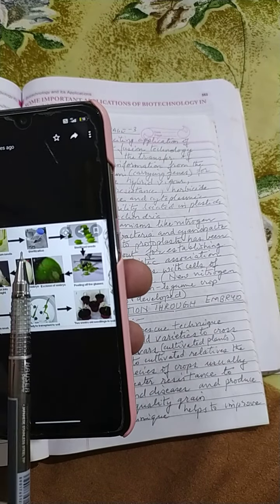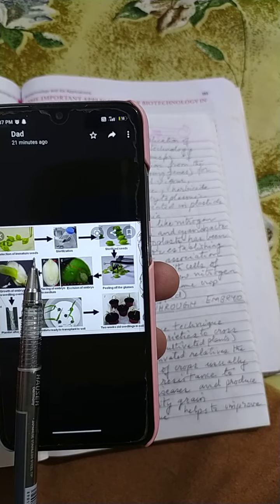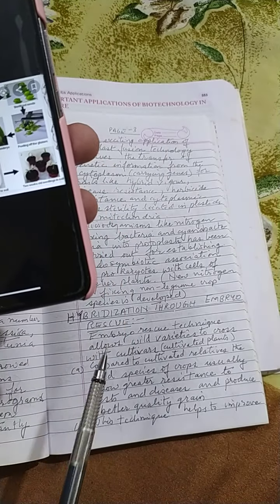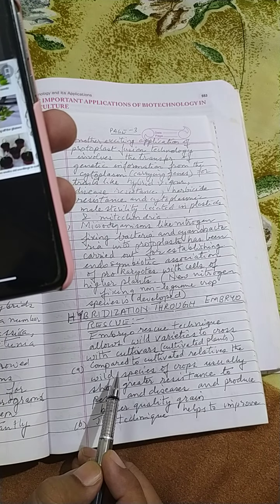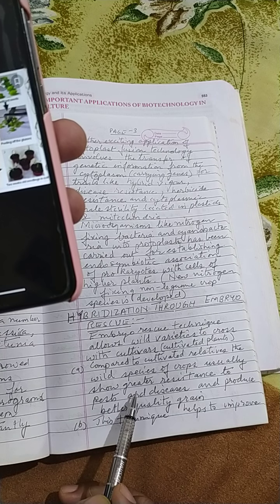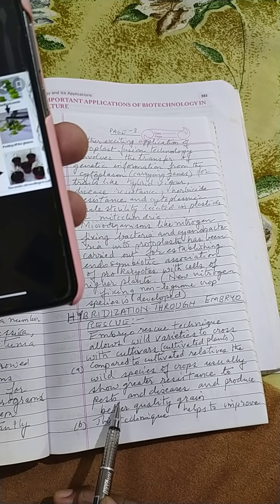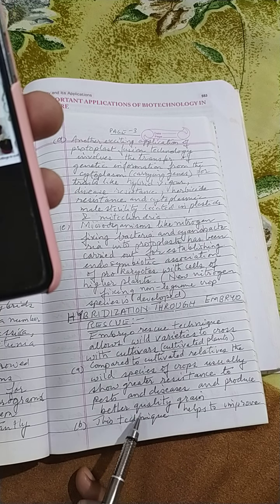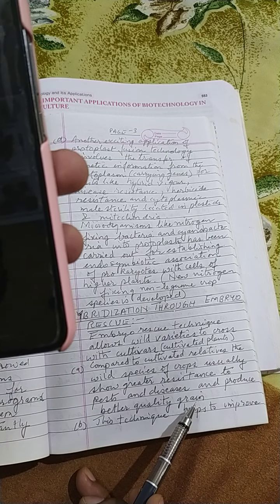So when the wild variety is crossed with the cultivated plants, varieties are born which have greater resistance to pests and diseases and they produce better quality grain.